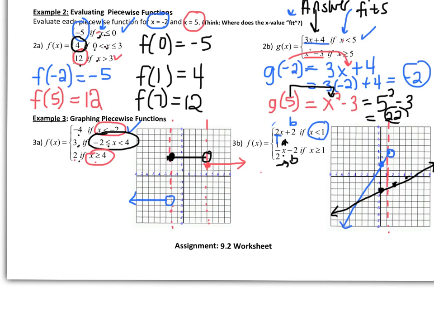This one is only greater than 1. So we need to go to where the red line is and erase all of the part of the line that's to the left of it. We just need the part that's greater than. And now we decide what endpoint. Since this is an equal sign, we will put a closed circle right on that line. Now we're done. Good luck on your homework.